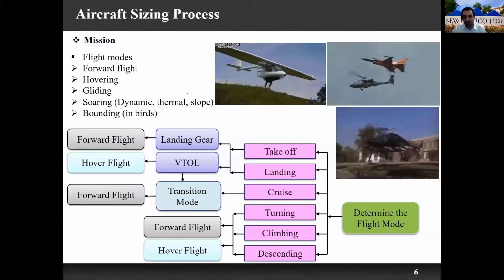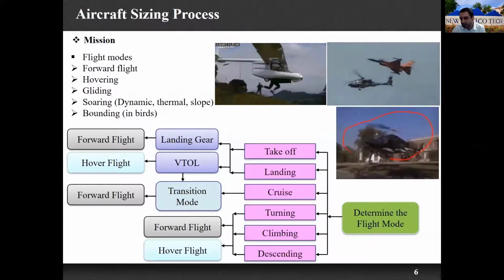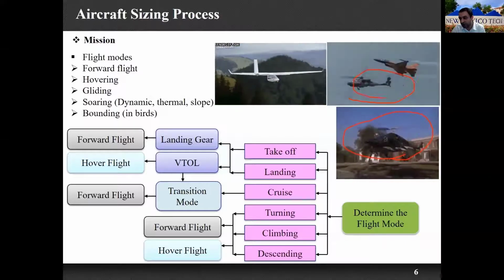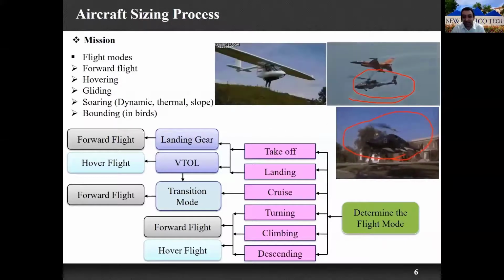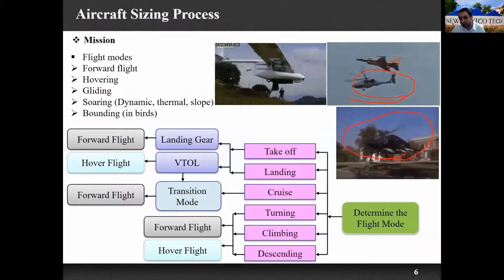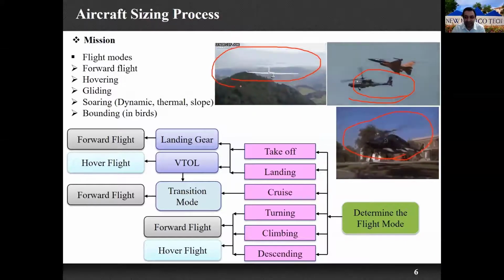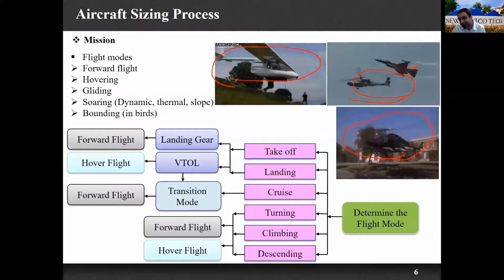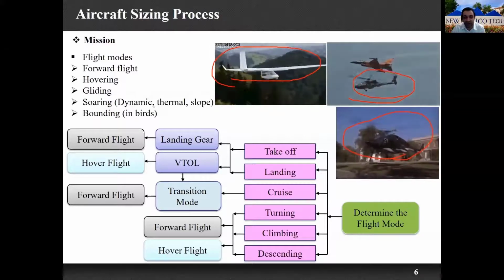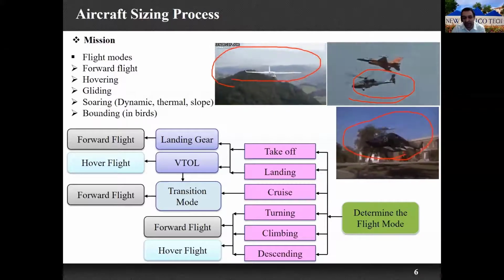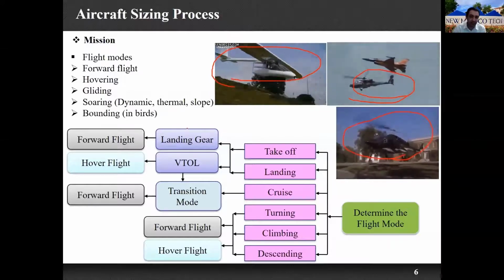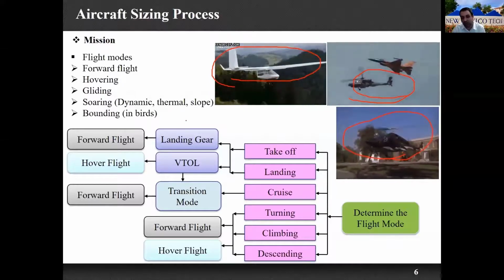We can have hovering, like these helicopters are doing. We can have gliding, again like this glider. Gliding uses gravity acceleration to glide, and is somewhat forward flight. We can have soaring and bounding, which mainly happen in birds, that he'll show you in other slides.